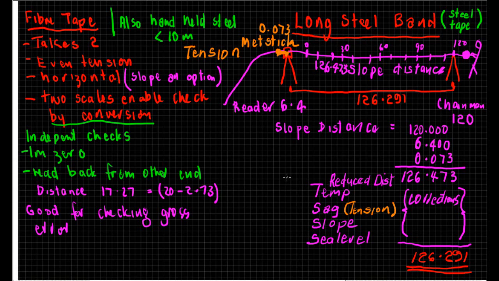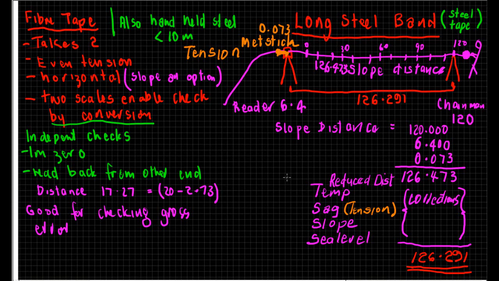The other one is to read back from the other end. Say for instance you had a distance of 17.27 metres that you'd measured, slope or horizontal or whatever. What you can do is, whoever is at the 17.27 end of the tape can pull the tape out to 20 and hold that on the mark, and then ask the person at the other end of the tape to take a reading to see where that's reading.